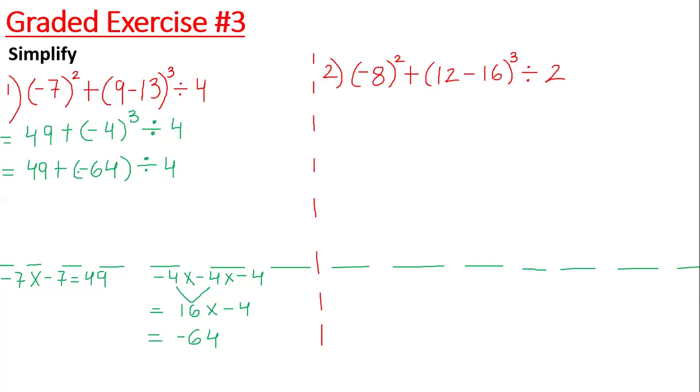Now, a positive times a negative is a negative. Very good. 49 minus 64 divided by 4.